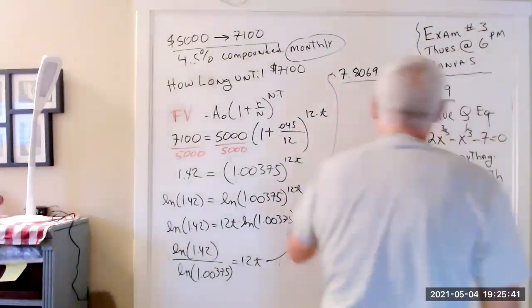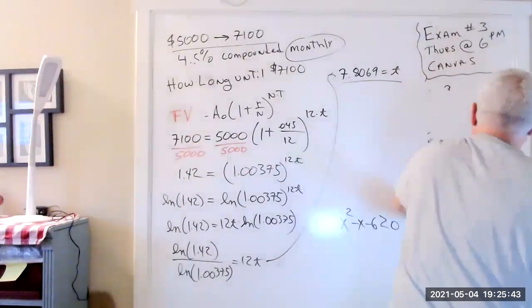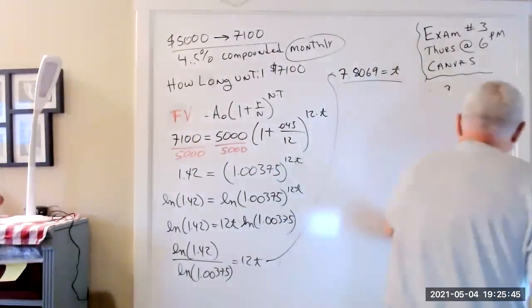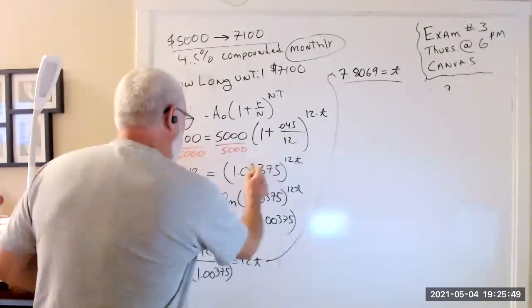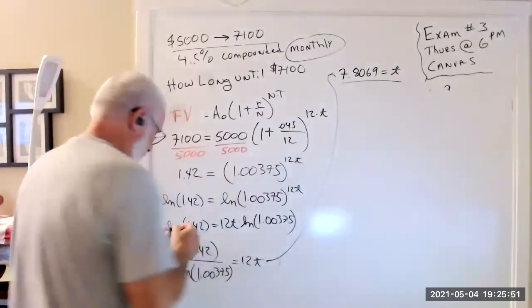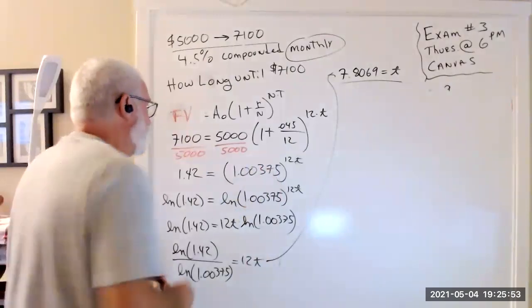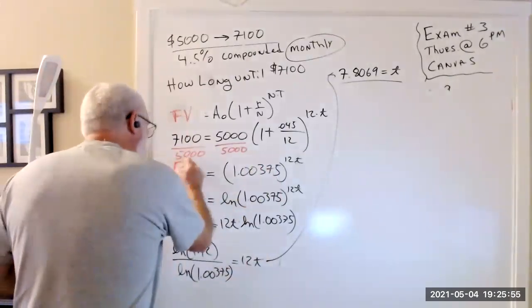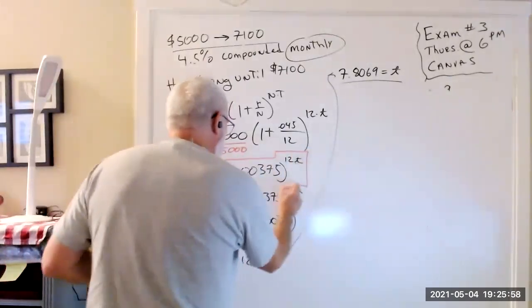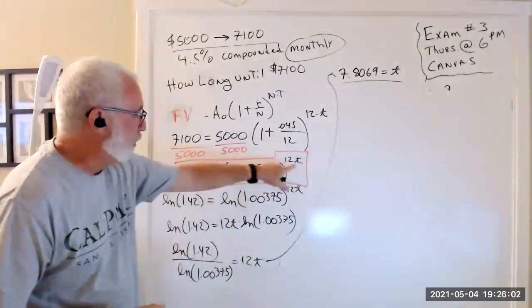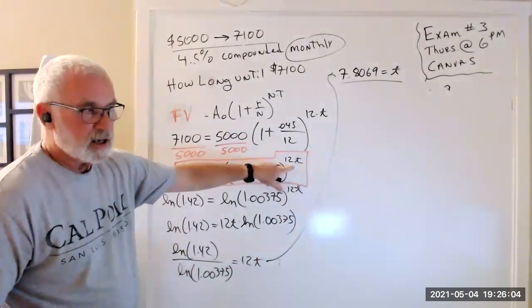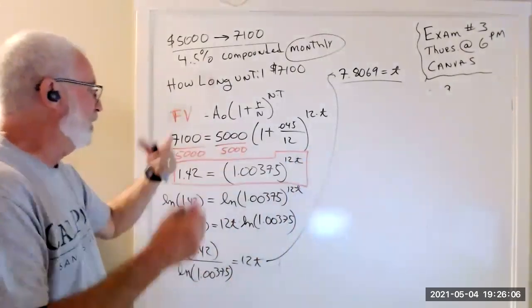All right, so Lindsay made a really cool comment right here. Remember, you've got to get this quantity to the power isolated, and now you can take the ln of both sides.